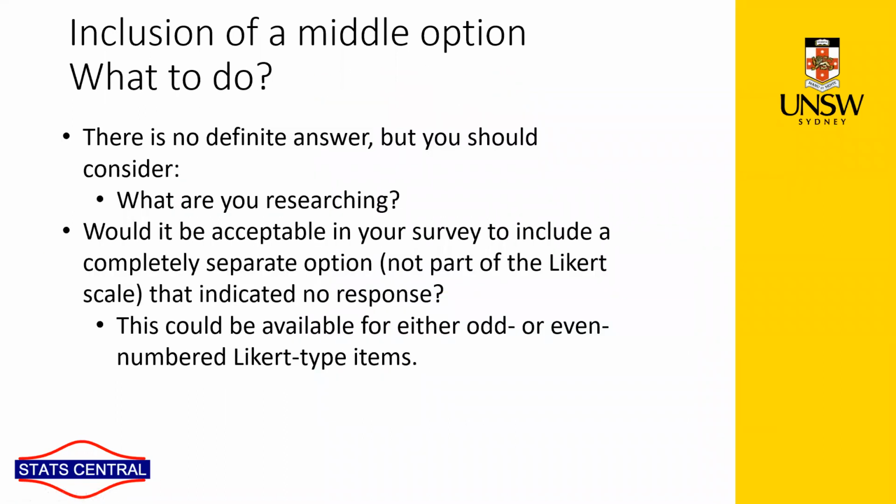Okay, so for the inclusion of a middle option, what to do? Well, once again, there's no definitive answer, but you should consider what you are researching, and whether or not allowing people that neutral option, which may be somewhat hard to interpret, is a good thing in order to decrease frustration. You also have the option of adding another response option: completely opting out of answering the question at all.